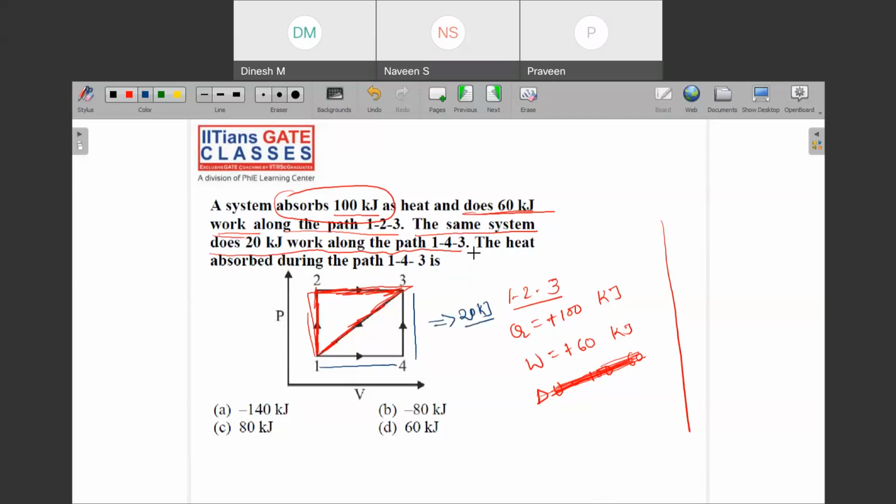Then they are asking what is the heat absorbed during the path 1 to 4 and 3. So how will you solve this question? Tell me how you are going to attempt this question.